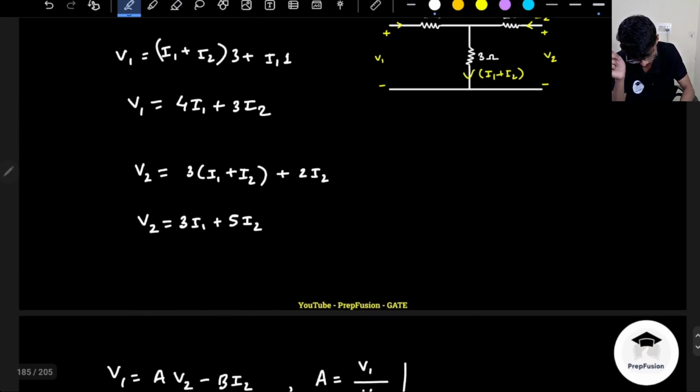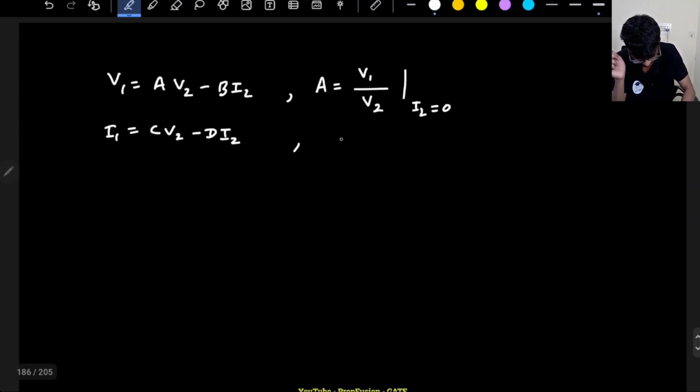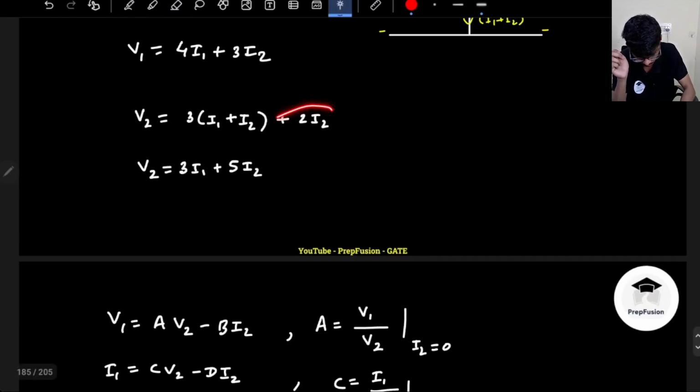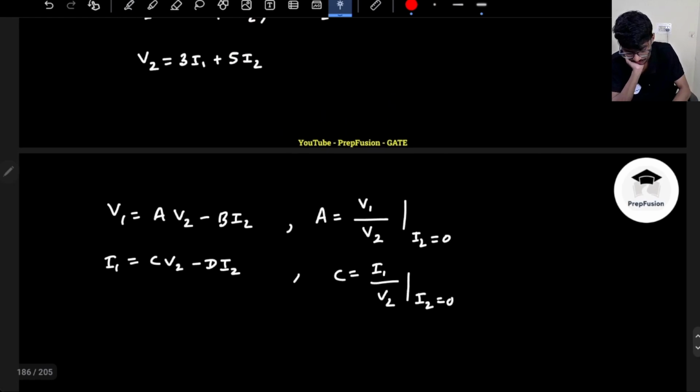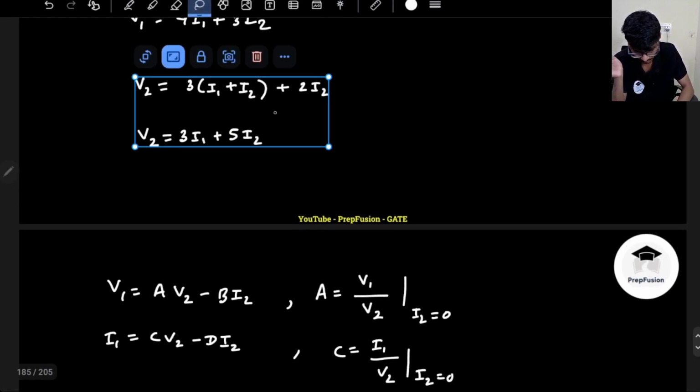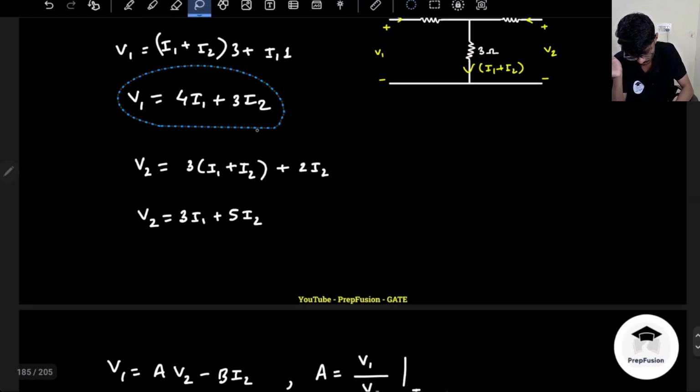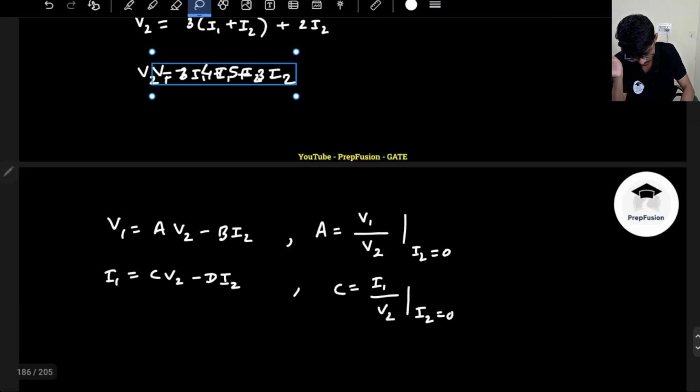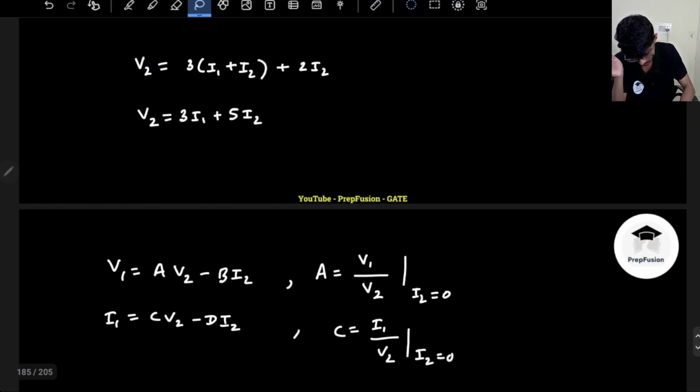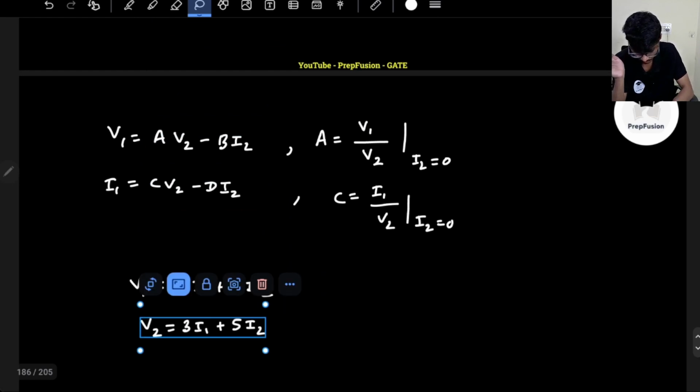Another relation is that my C equals I1 divided by V2 when my I2 current is 0. So if I make my I2 current 0, this goes away, right? So basically these two equations will be modified here.